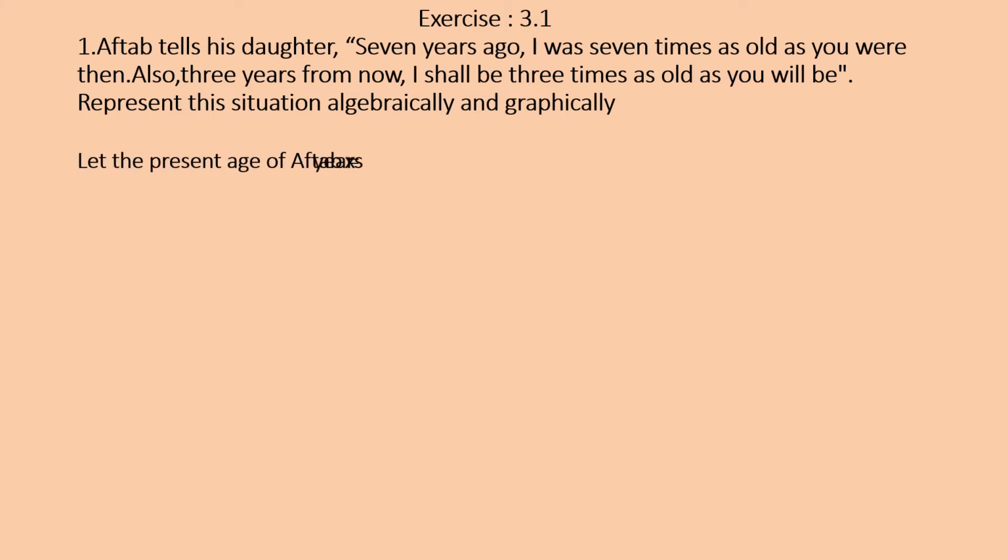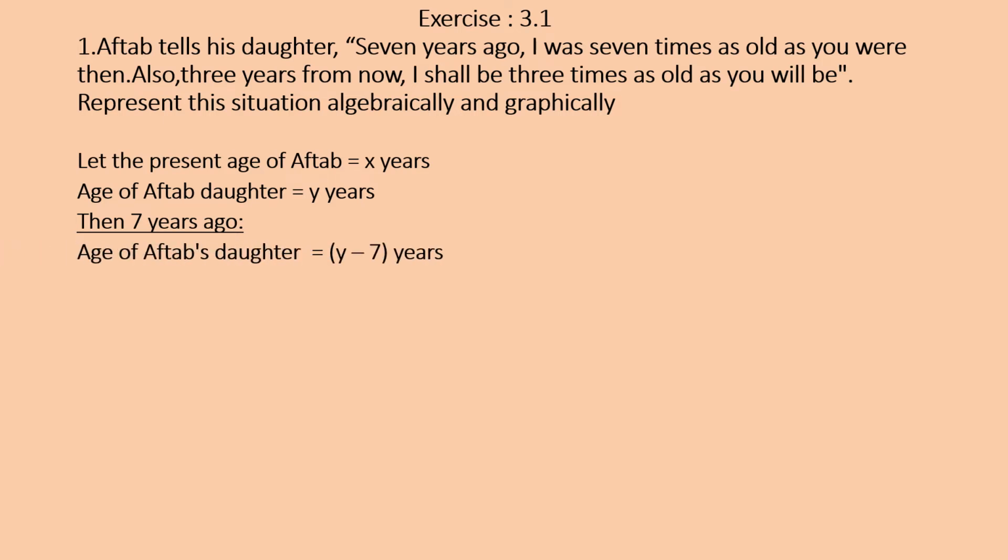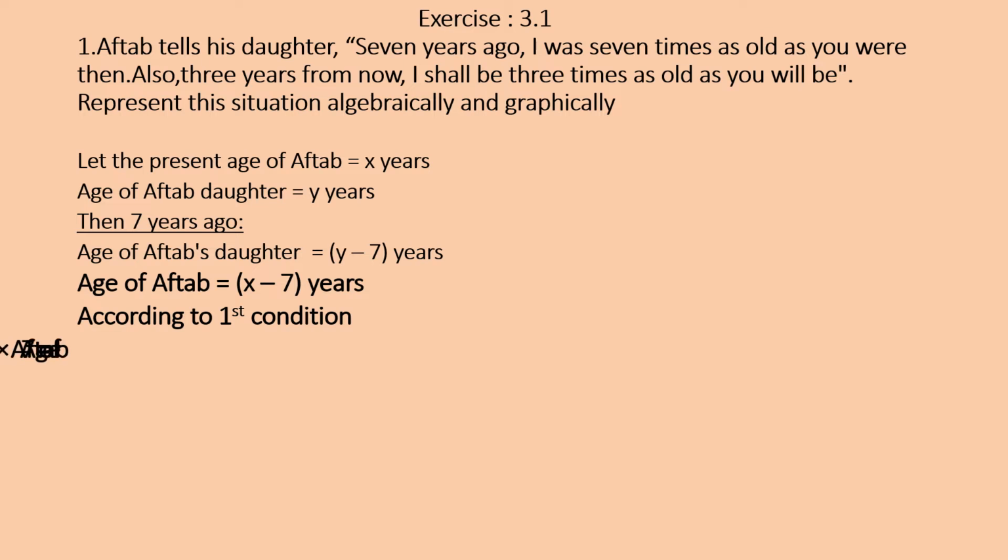Let the present age of Aftab be x years and the age of Aftab's daughter be y years. The first condition is given: 7 years ago, the age of Aftab's daughter will be y - 7 and the age of Aftab will be x - 7 years. It is given that 7 years ago, the age of Aftab equals 7 times the age of Aftab's daughter.